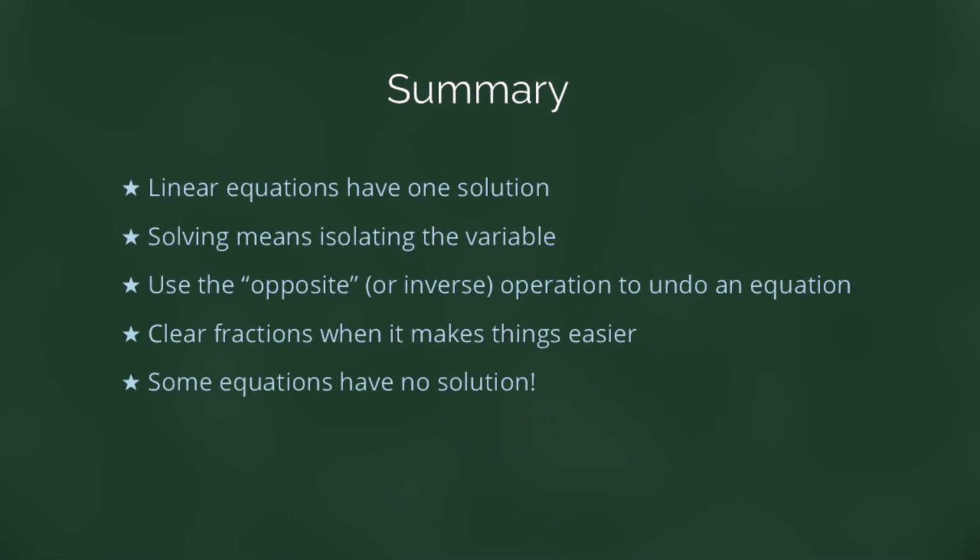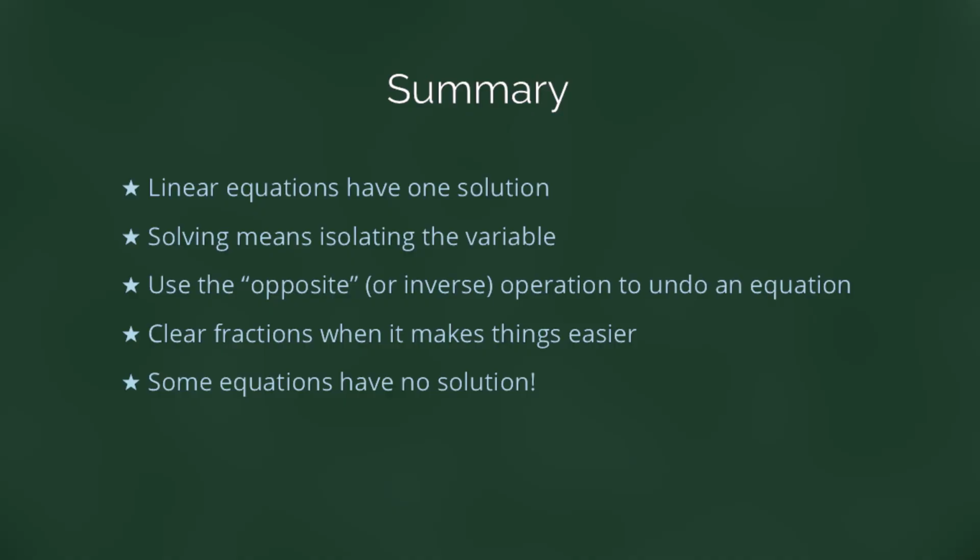We've seen a lot of techniques that we can use when solving a linear equation in one variable. So let's take a quick summary of those. Linear equations can be written in the form ax plus b equals c, where x is the one variable we're talking about. These equations have a single solution, or we also saw that sometimes they have no solution. Solving means isolating the variable.